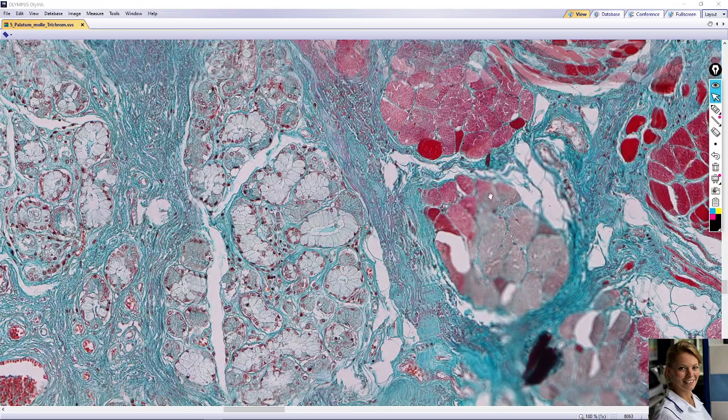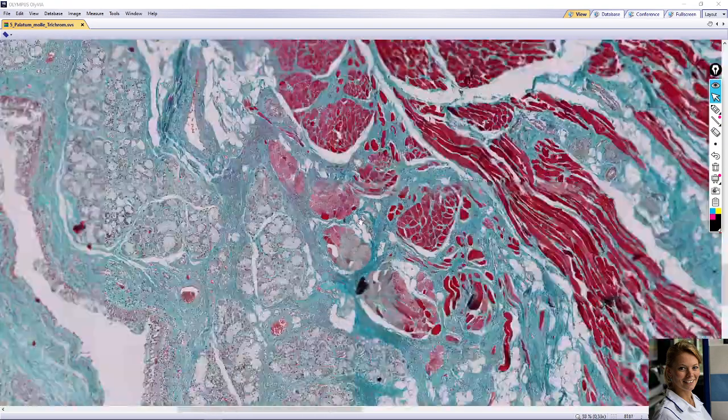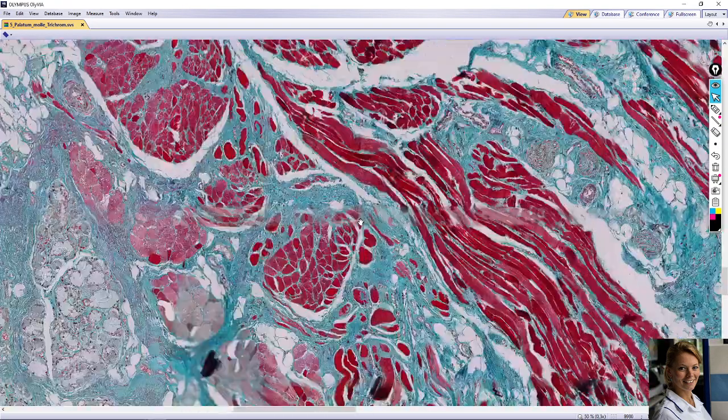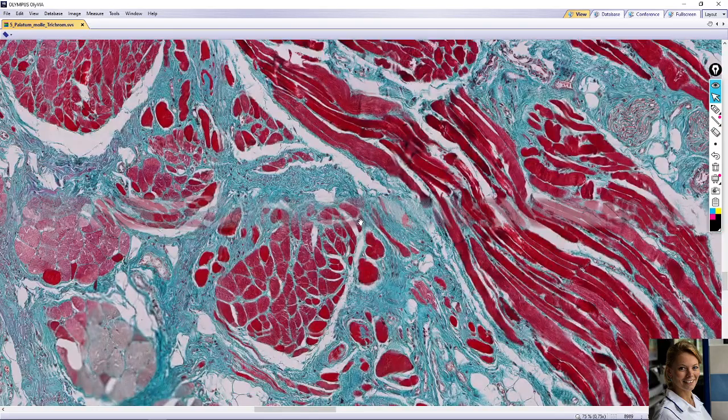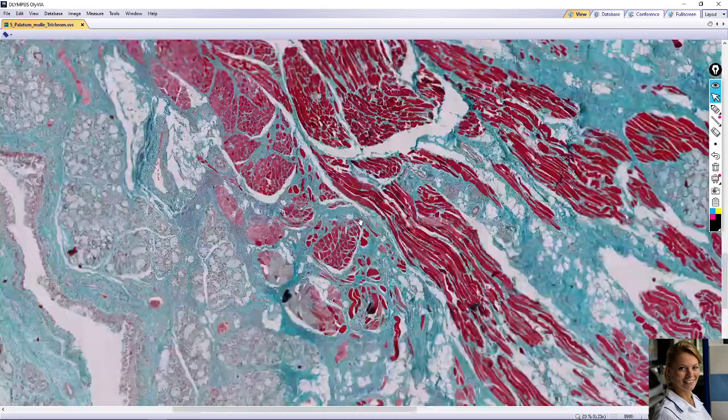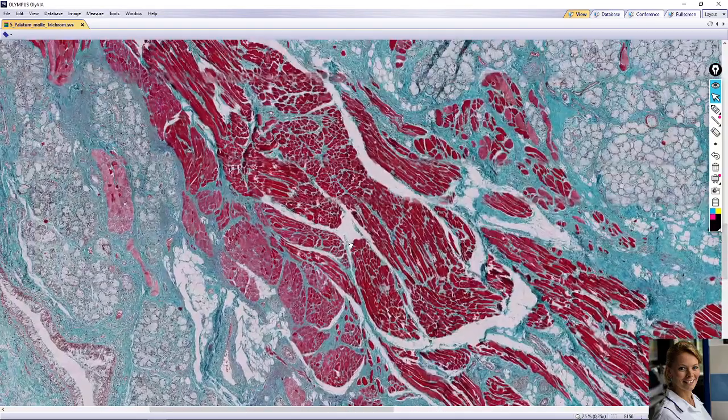The core of the soft palate is formed by skeletal muscle with characteristic striation.